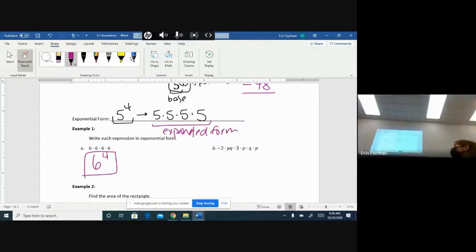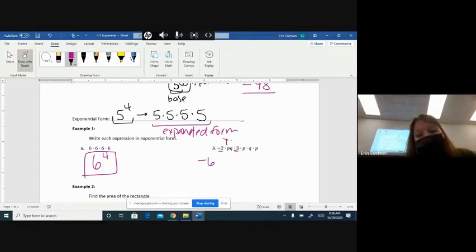Now looking at B is a little bit different because we have coefficients, don't we? And are my coefficients the same number? No. So can I put an exponent with those? No. But could I multiply those? Yeah. What is -2 times 3? -6. Now, when I have PQ, what does PQ actually mean?